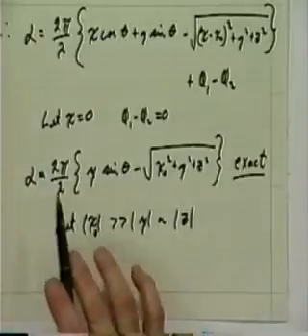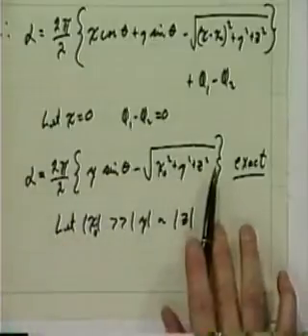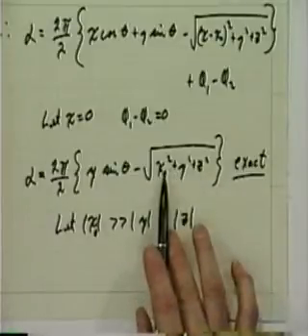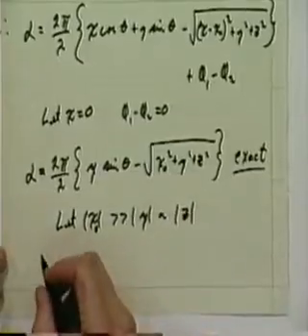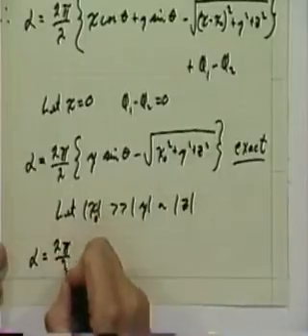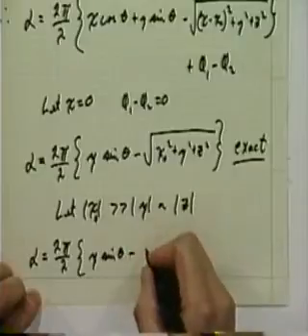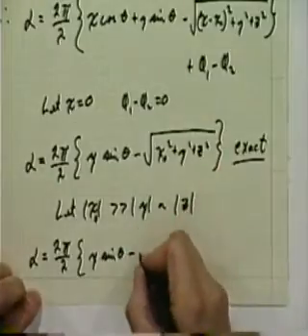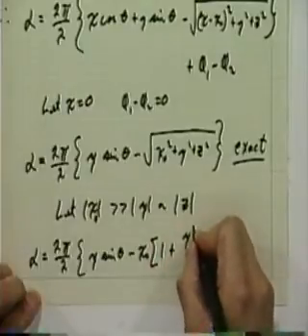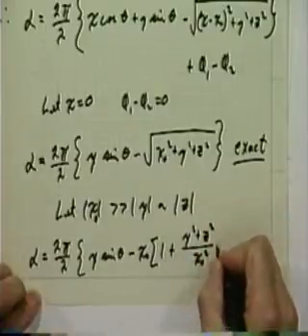And so the next thing we'll do is expand this in a binomial expansion. The largest number inside here by far is x naught. So we will first rewrite alpha as 2 pi over lambda times y sine theta, and we'll first just factor out x naught, so x naught times the square root of 1 plus (y squared plus z squared) over x naught squared.